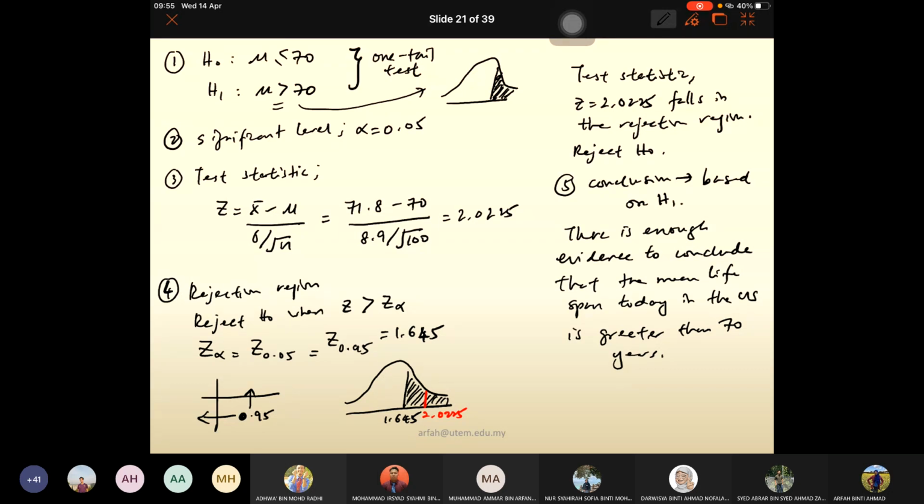That is 0.95. So look in the table of standard normal distribution, 0.95 equals 1.645. Okay. So that is why you must know which side the rejection region is on. Whether it is a positive value or negative value. Whether on the left side or right side. Right tail or left tail.